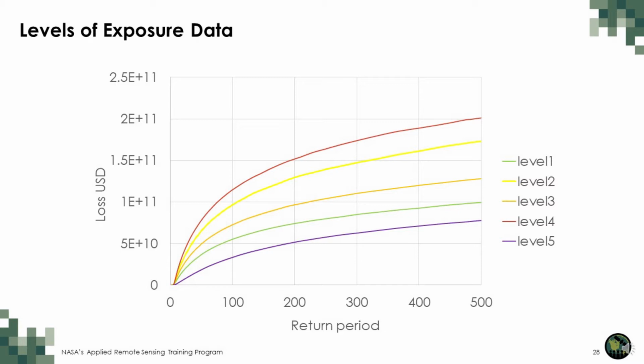So for example, here level 5, which is that Los Angeles County tax assessor's data, is on the bottom. Level 4, which is with Microsoft building footprints, is on the top, with level 3 in the middle being the stuff that we did with the EO data. A little above that is the HAZUS data, and then level 1, the global data, is down there by the Los Angeles tax assessor database.